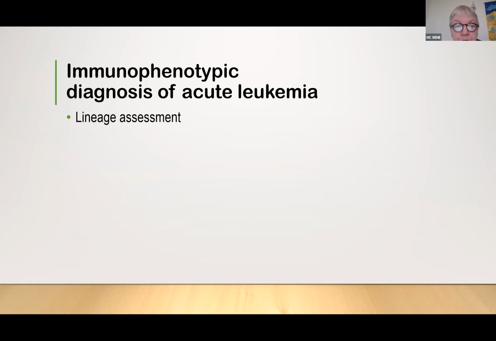So the diagnosis of acute leukemia will be needed to confirm the lineage. You can get an ID by morphology, but flow is going to confirm the lineage of the cells that are growing. It can be used for classification, and we have been publishing that a number of years ago. It can be used also for the identification of LAIP that are going to be useful later on to do MRD.